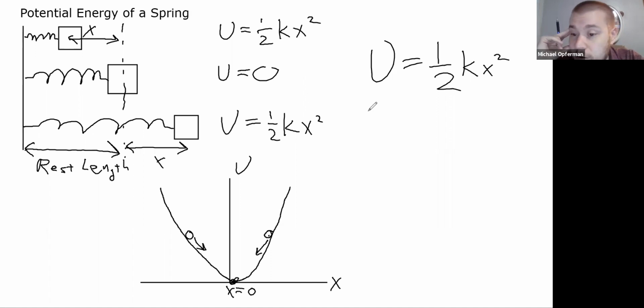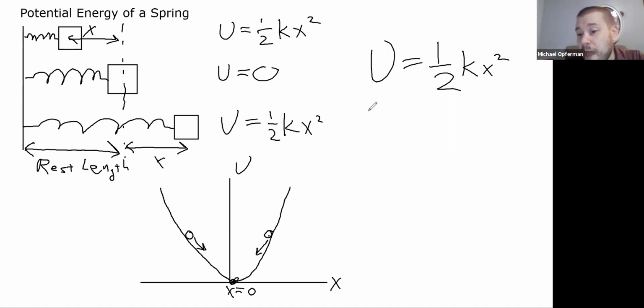So you'll notice here that rolling downhill on the potential energy surface always means that you're going back towards x equals 0, which makes sense because of the spring force. Remember, downhill on the potential energy graph is also the direction of the force. So when it came to the spring force, we said that the force always pulls it back towards x equals 0. On the potential energy graph, downhill always points back towards x equals 0, which is the same statement.